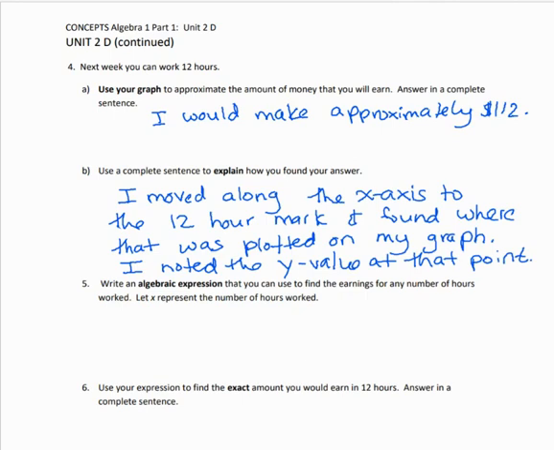Multiply 9.5 by 12. Okay, so you are on the right track. We're taking the $9.50, our hourly wage, and this time around specifically though, it's saying for any number of hours, not just specifically for the 12 hours. Oh, variable. Yeah, so $9.50 times X, exactly. So we can leave it just like that.